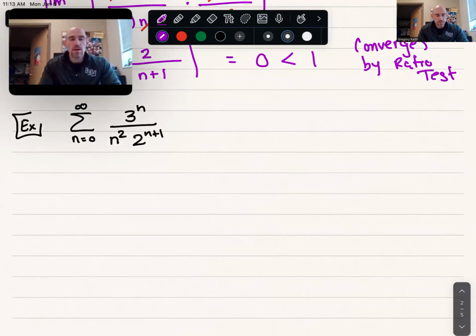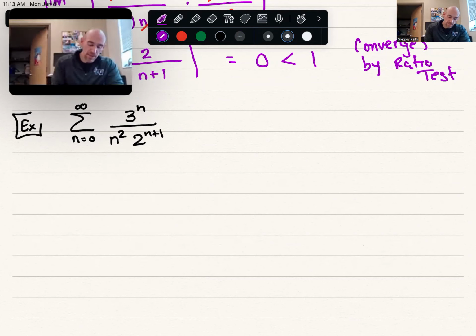Our next one, we have a series n equals 0 to infinity of 3 to the nth power over n squared times 2 to the n plus 1 power. So again, we've got a lot of stuff going on here, but let's go ahead and set this up. We have the limit as n goes to infinity.